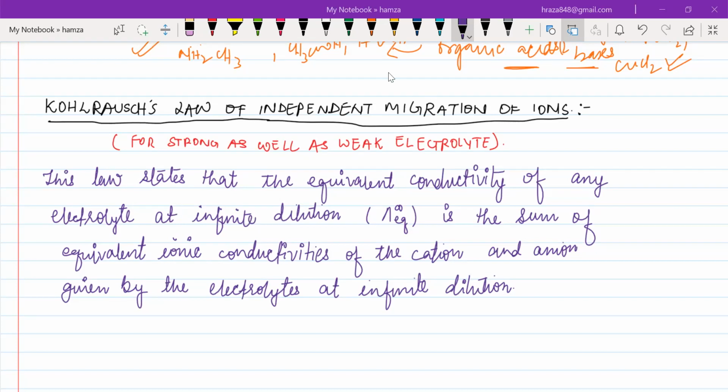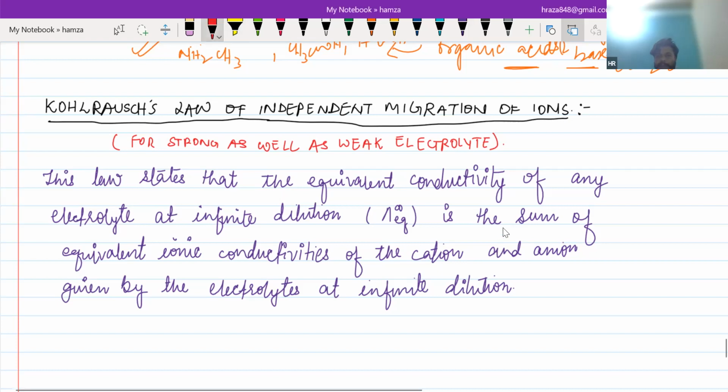Now see, what does this law say? This law says that the equivalent conductivity of any electrolyte, that may be strong or weak, at infinite dilution, that means we are talking about the equivalent conductivity, not the molar one, is the sum of the equivalent ionic conductivities of the cation and anion.